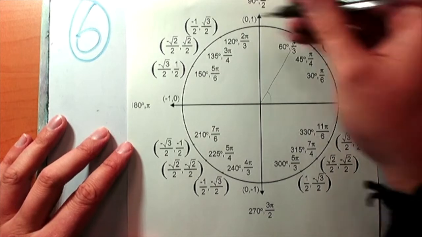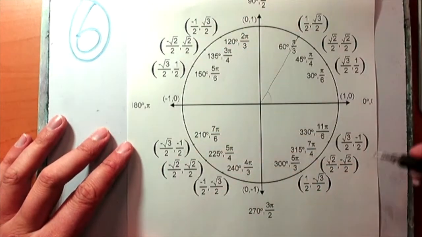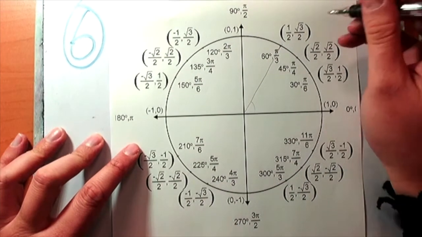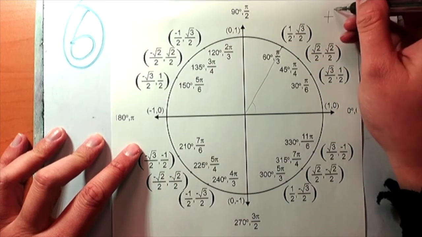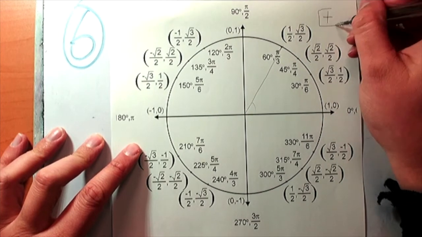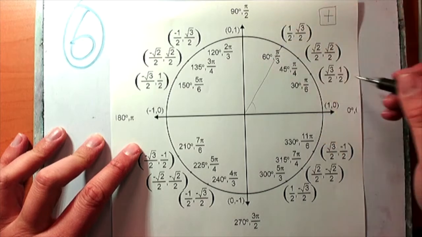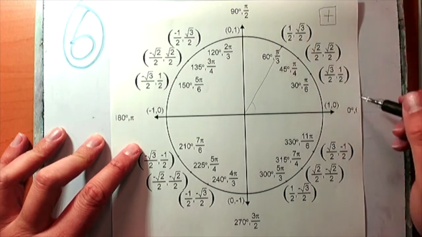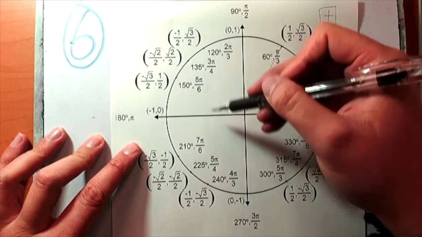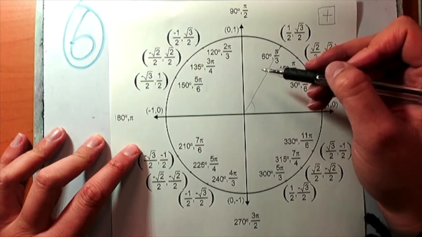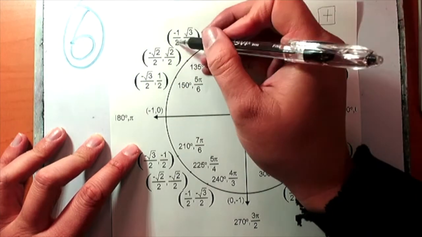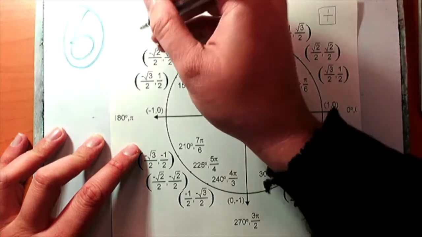Now, you're looking at different sections of the circle, and we can see that everything is positive in this section of the circle. All of these values are positive. But in this section of the circle, we actually have these first values, which are negative.